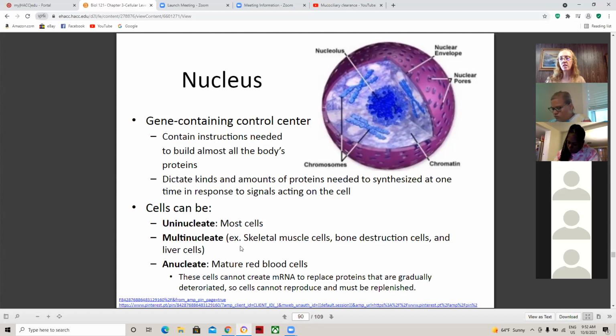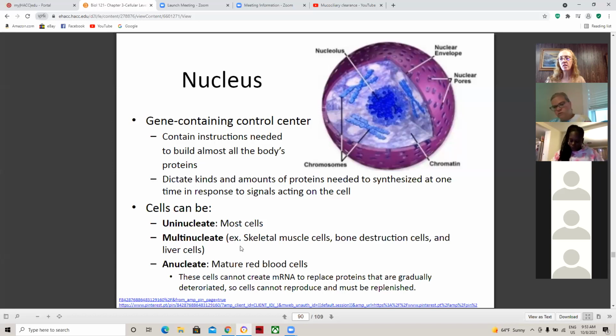Okay, so the last organelle, the main one, is the nucleus, the gene-containing control center. It contains the instructions needed to build almost all of the body's proteins. Cells can be uninucleate, meaning having one nucleus, multinucleate, having multiple nuclei, or anucleate, meaning they have no nucleus.